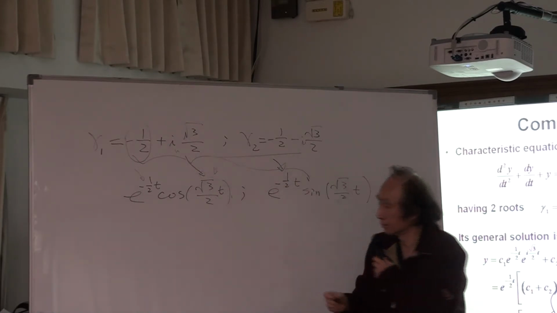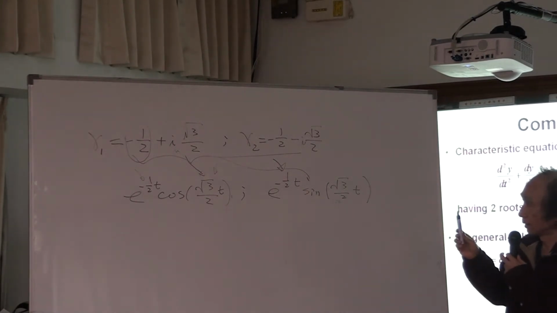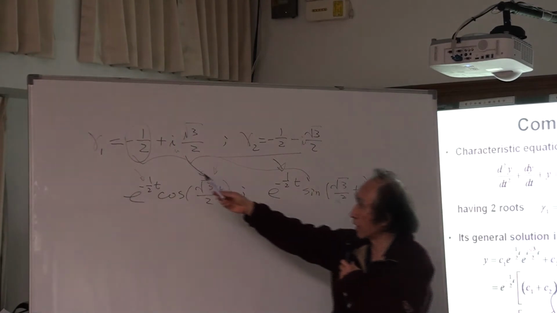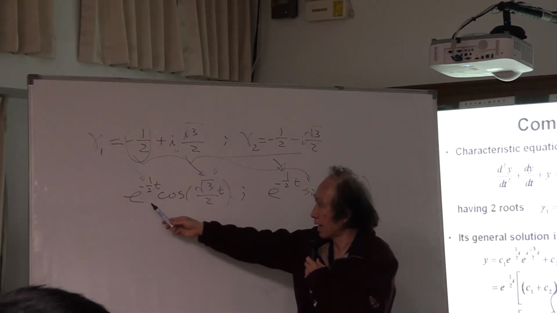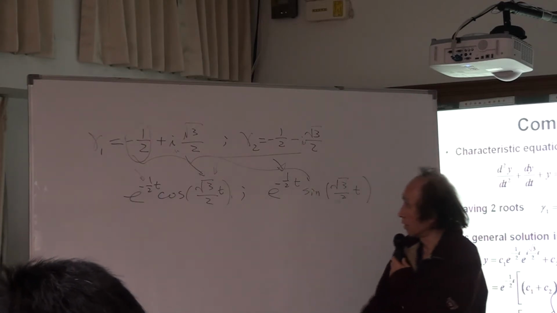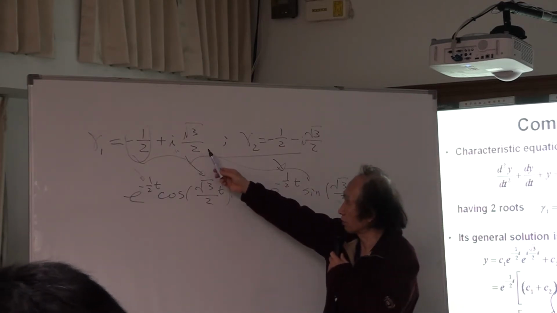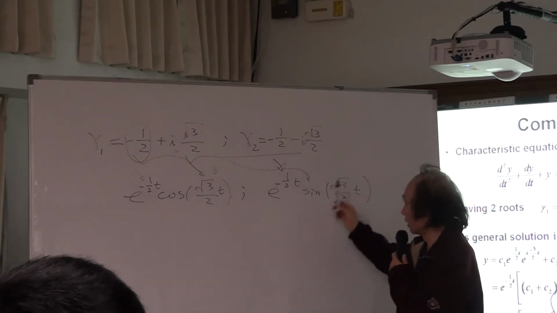The same thing here. So the real part of the root gamma 1 provides us exponential minus half t. The imaginary part, square root 3 over 2, gives us the cosine and sine.